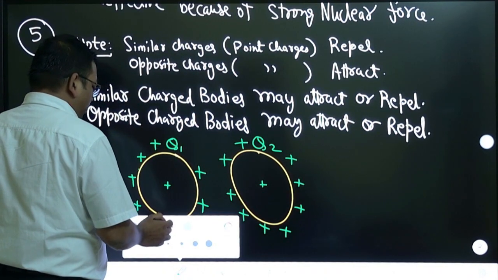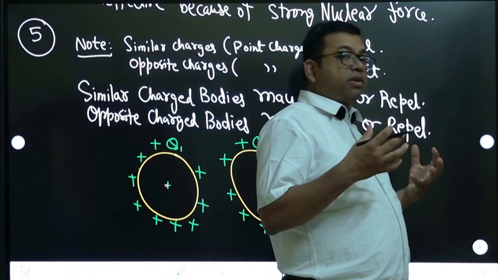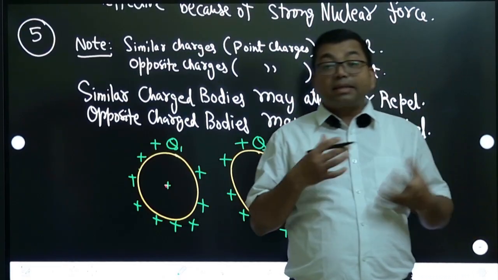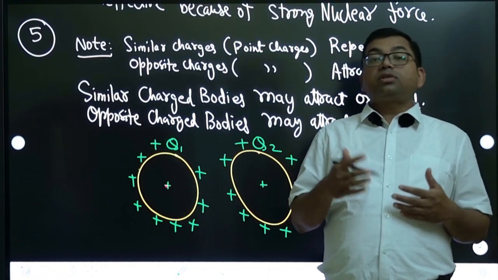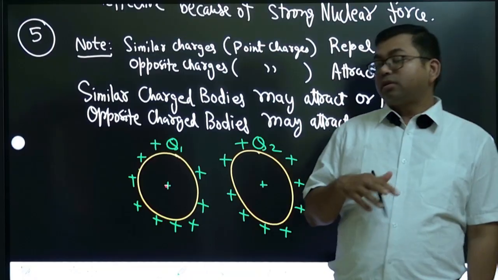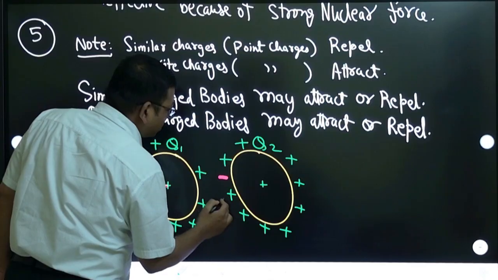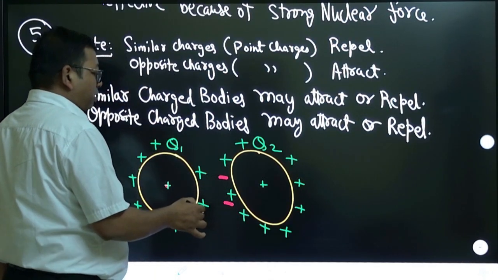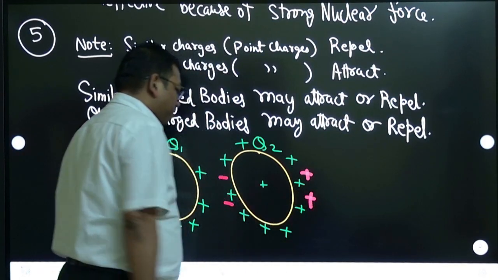Due to charges which are very close to each other, there can be an induction effect. Induction means opposite charge is induced on the surface of the other object. So due to this positive charge, some negative charges may be induced here, and of course positive charges also come.